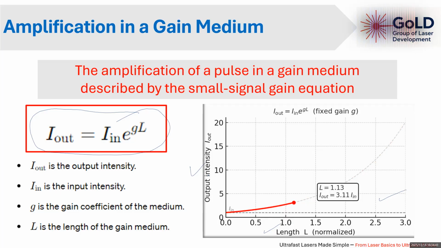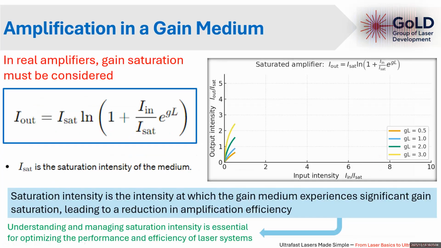This is a simplified case where the output intensity increases with the length of the gain medium, which is not the case in actual practice. Here on this slide, you see a more practical equation.